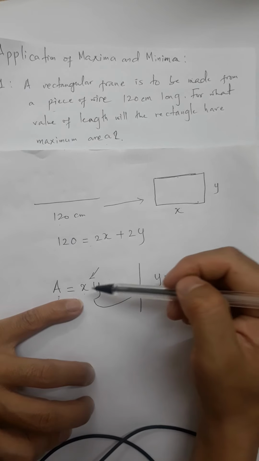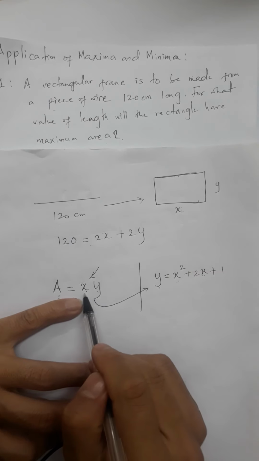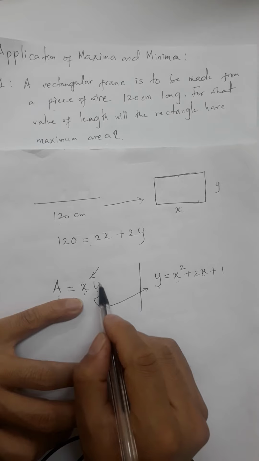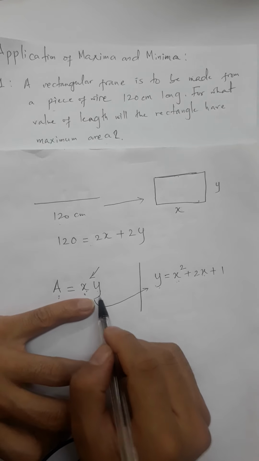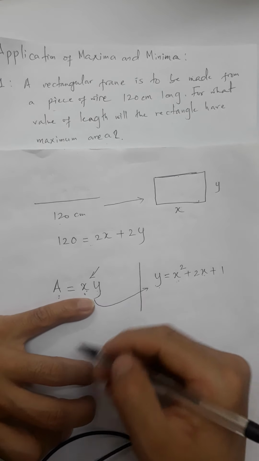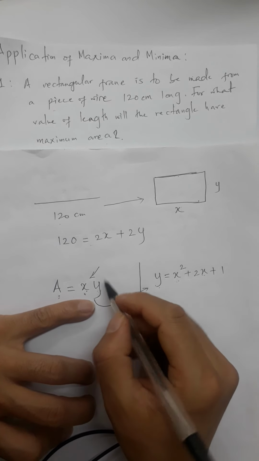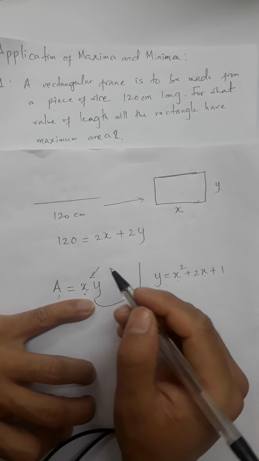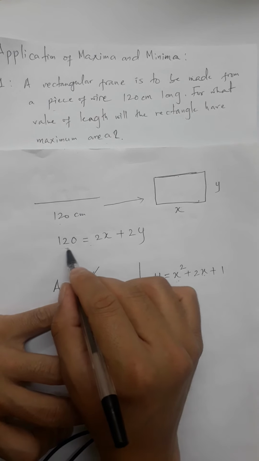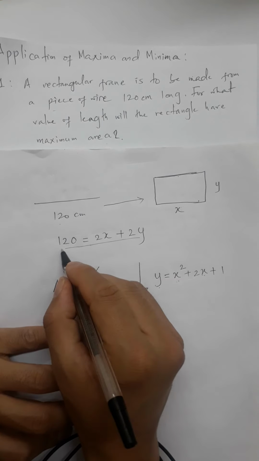Since the question is asking us to find the length x, we do not need this y. So basically what we can do is express this y in terms of x. So how do I express it? I can simplify this equation.